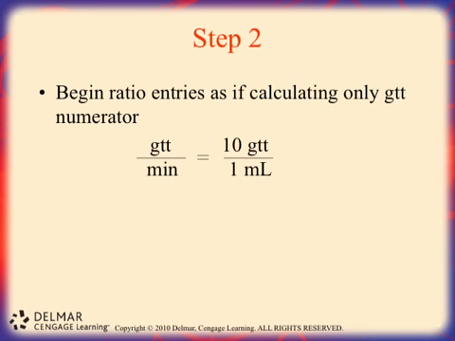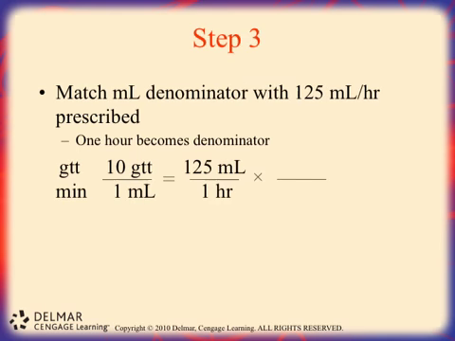Step 2 in dimensional analysis is to enter your drop factor. That's what we'll call this. This is the drop factor that you find on your package, which is 10 drops per 1 milliliter. Now, in keeping with our DA process, the next numerator is going to have to match this milliliters.